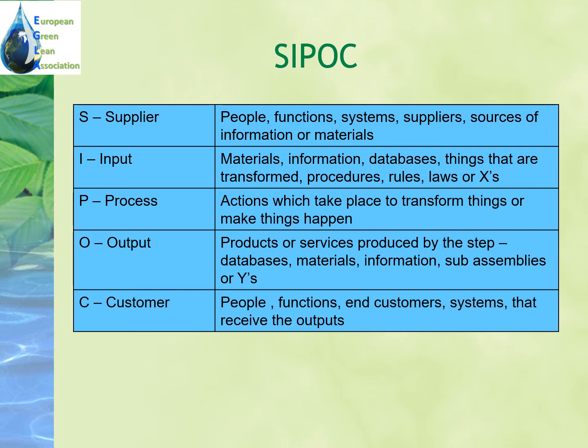And of course, customers are people, functions, end customers, systems that receive the outputs. And as you will see in the future in the VOC materials, the customers can be internal, external, or regulatory customers.